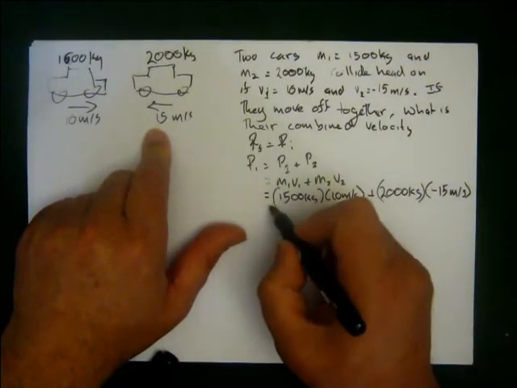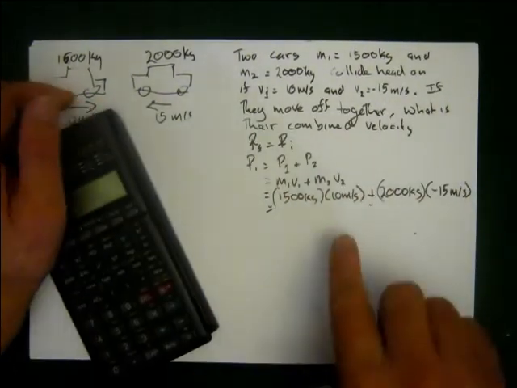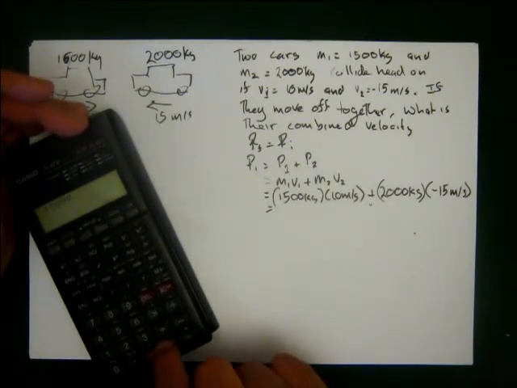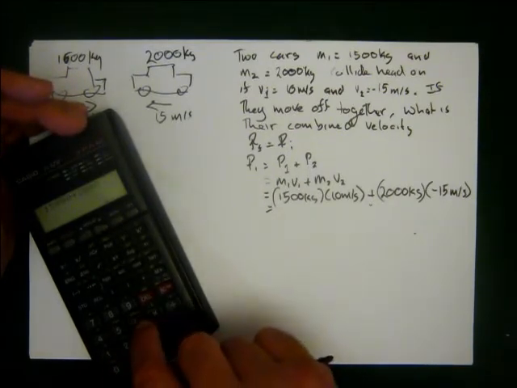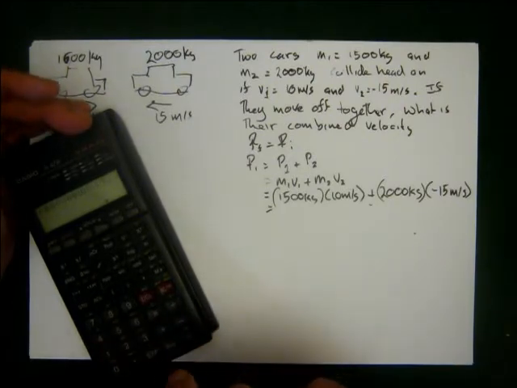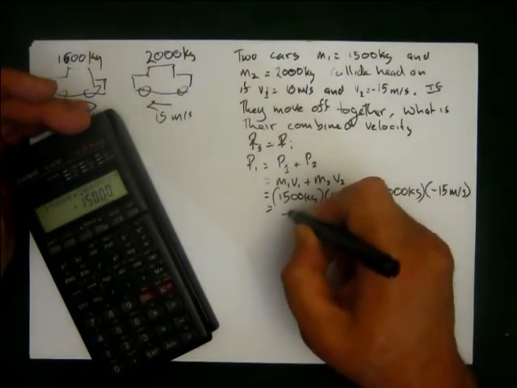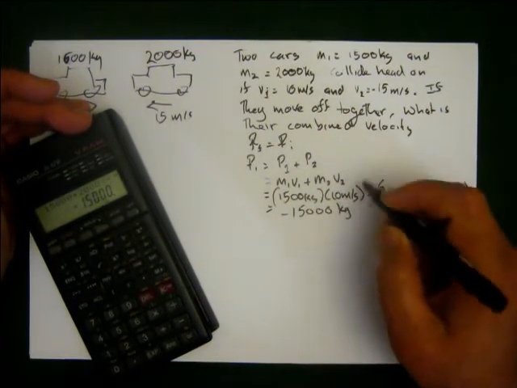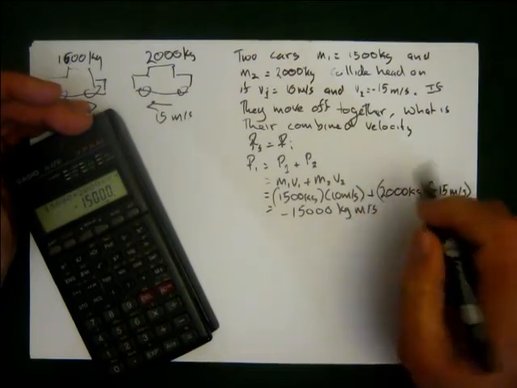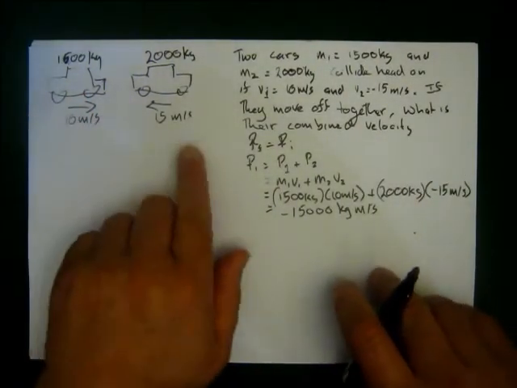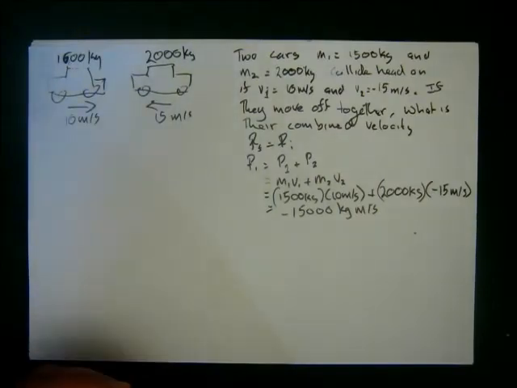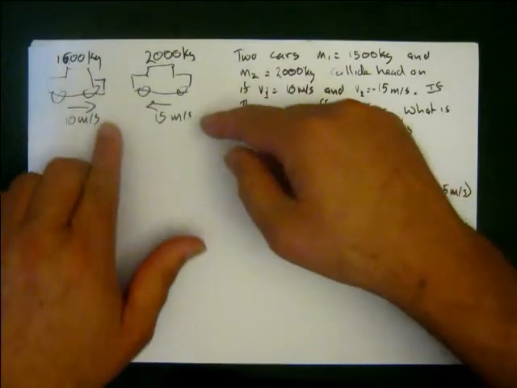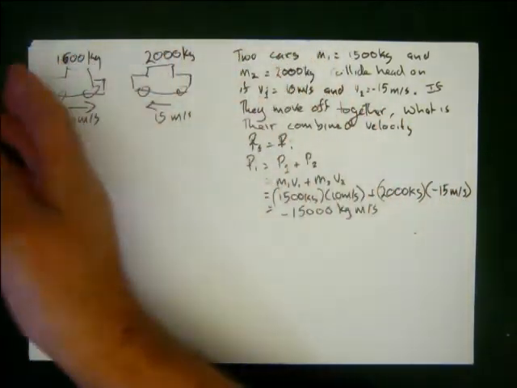So 15,000 plus 2,000 times negative 15 equals negative 15,000 kg meters per second. So what this means is that the actual combined initial momentum, when we add it all up, is going that way.